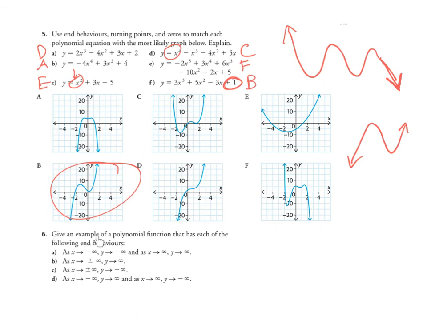Number 6, give an example of a polynomial function that has each of the following behaviors. As x approaches negative infinity, so that's to the left, y approaches negative infinity. So to the left, it's going downward. As x approaches infinity, that's to the right, y approaches infinity, so it's going upward. So I know the leading coefficient must be positive, and it has to be an odd degree.